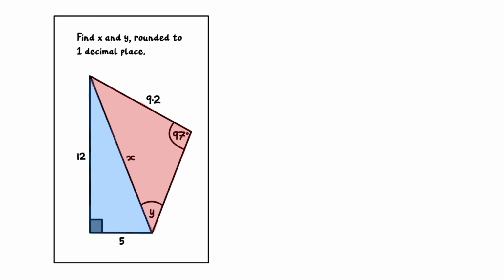So in total, we have 3 known values. In the red triangle, we only know 2 quantities, the side length of 9.2 and the angle of 97. We do have another angle labelled as y, but since we don't know the value of y, it's not much good to us. Since we know more information in the blue triangle, it'll be wise to focus here.